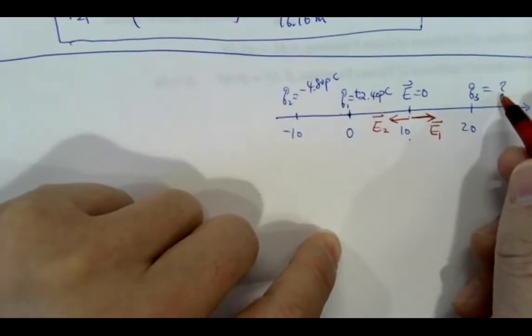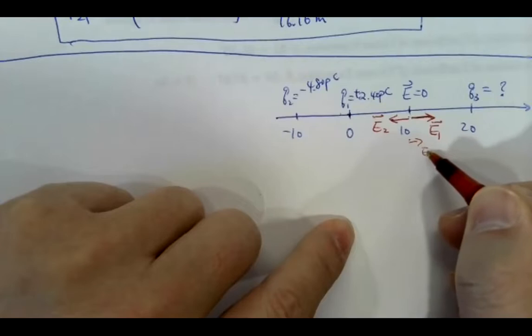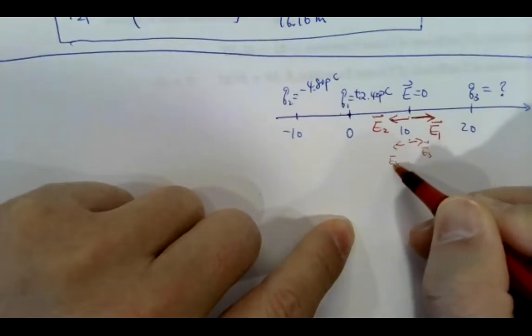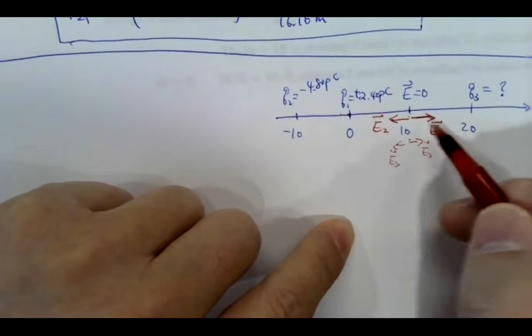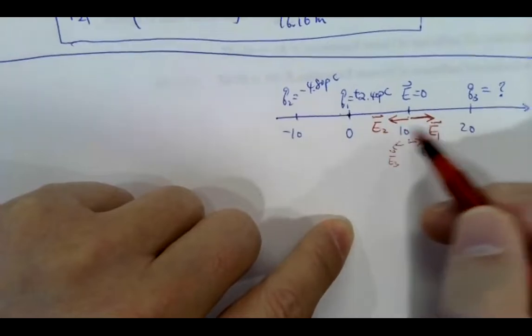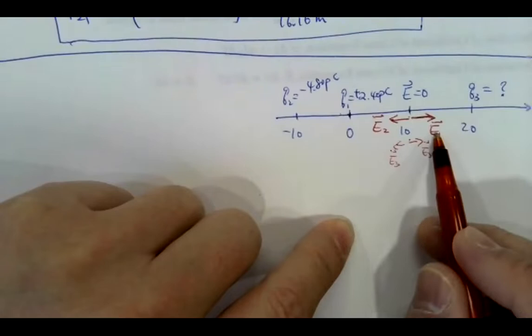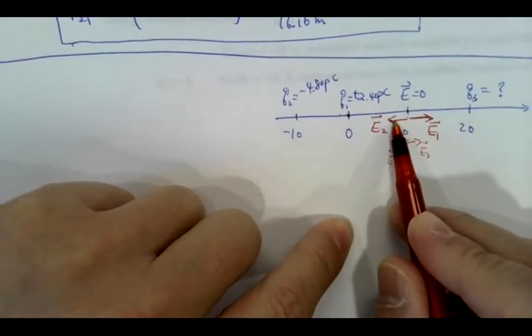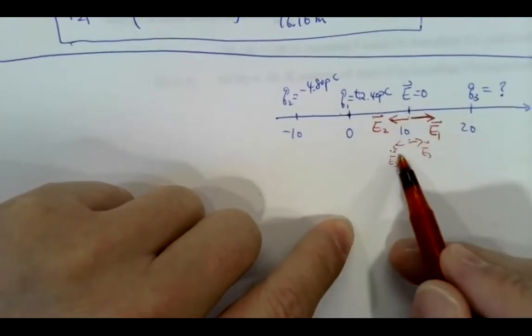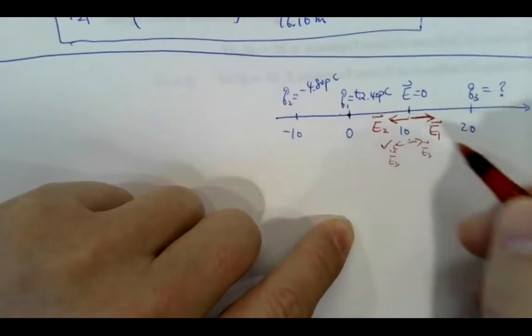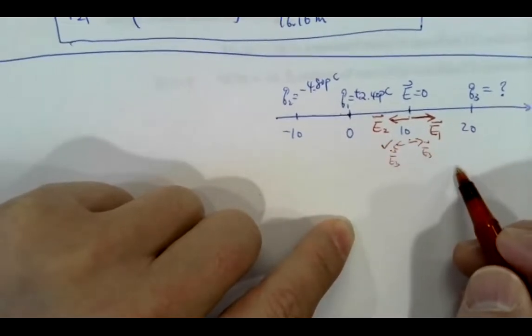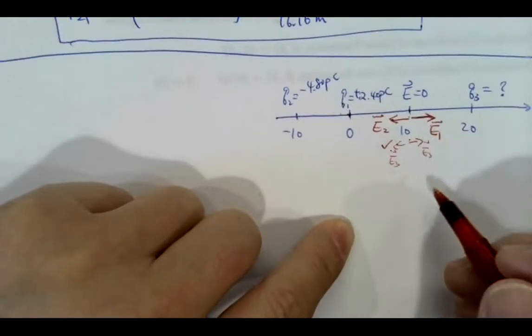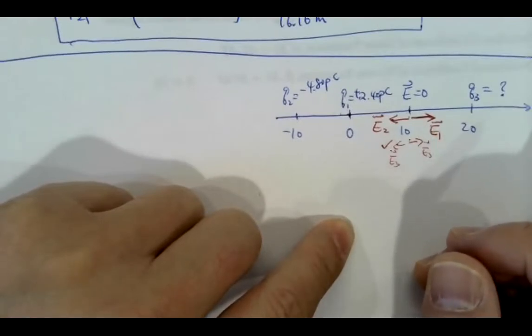Because we do not know if Q3 is positive or negative, we do not know which direction E3 is pointing. It could be this way or that way, depending on E1 and E2. E1 and E2 are competing with each other. If E1 is greater than E2 magnitude-wise, then E3 will be in this direction. Otherwise, E3 will be in that direction, because the total has to be 0. So we have to compare the magnitudes of E1 and E2 first.